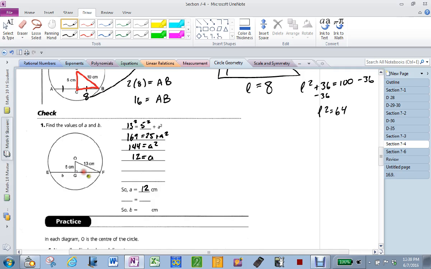Now, if A is 12, what does this piece of information tell us about GE? That it's the same. Since OGF is 90, that is a bisected chord, isn't it?